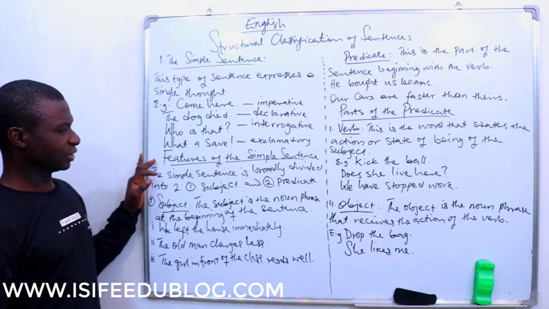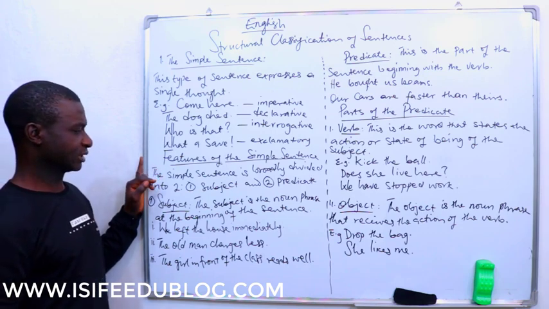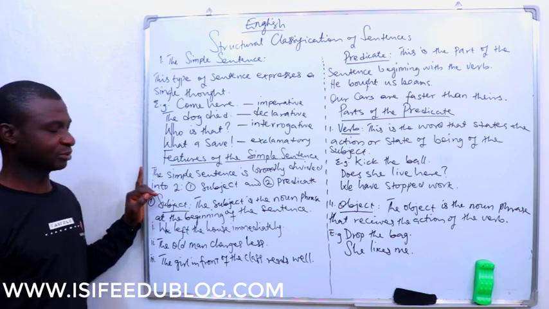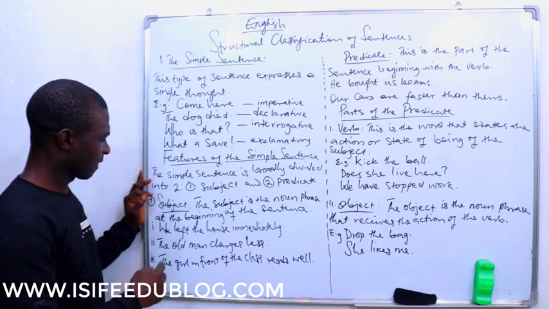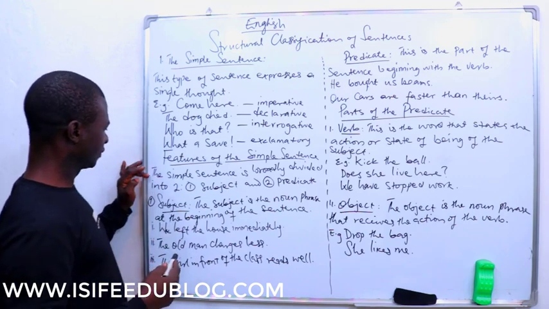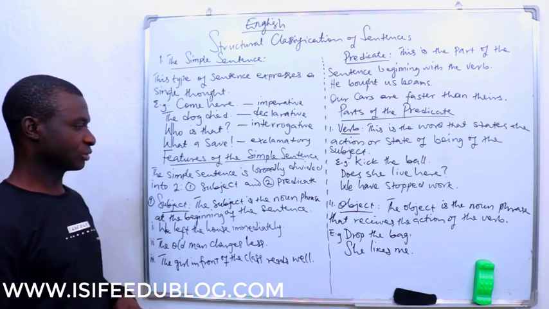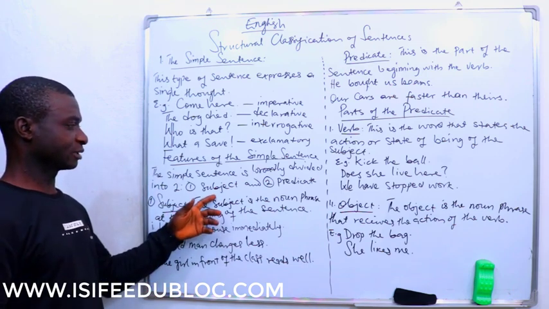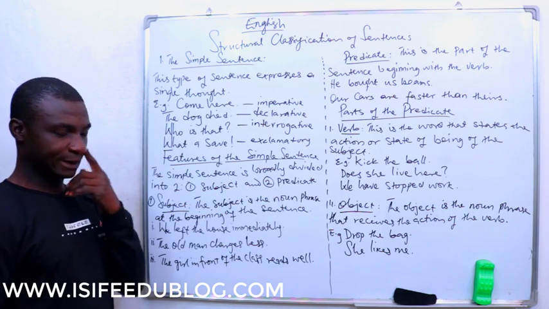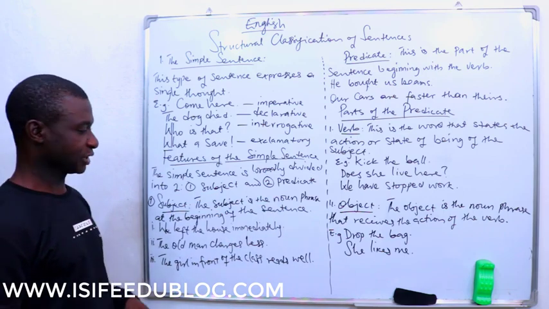Then we have features of the simple sentence. The simple sentence is broadly divided into two. So what and what? The subject and the predicate.